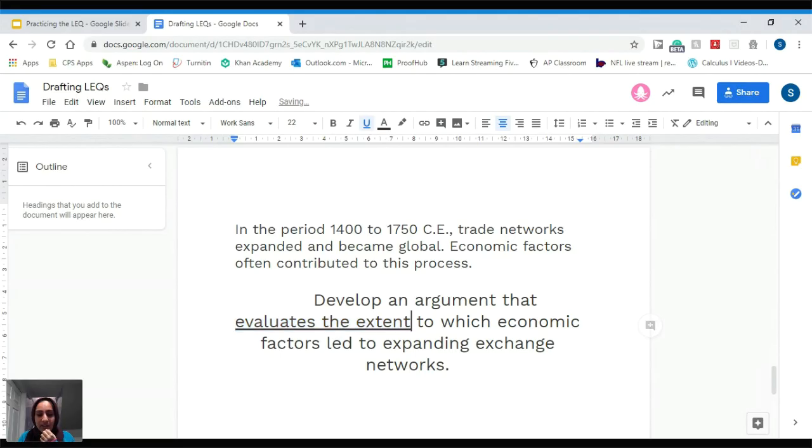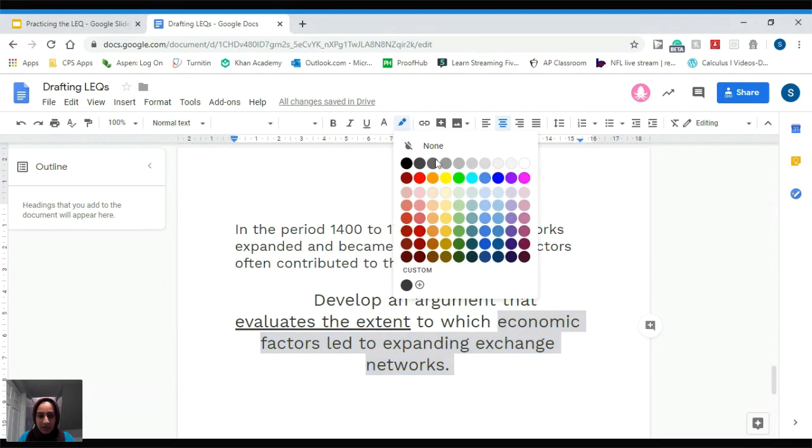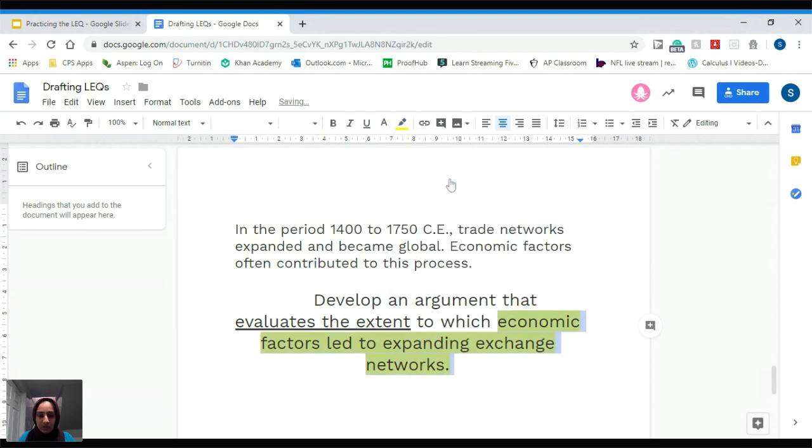Now what is this action happening to? What is the topic of our essay? Develop an argument that evaluates the extent to which economic factors led to expanding exchange networks. So this is what we're talking about: economic factors and how much they led to expanding exchange networks.